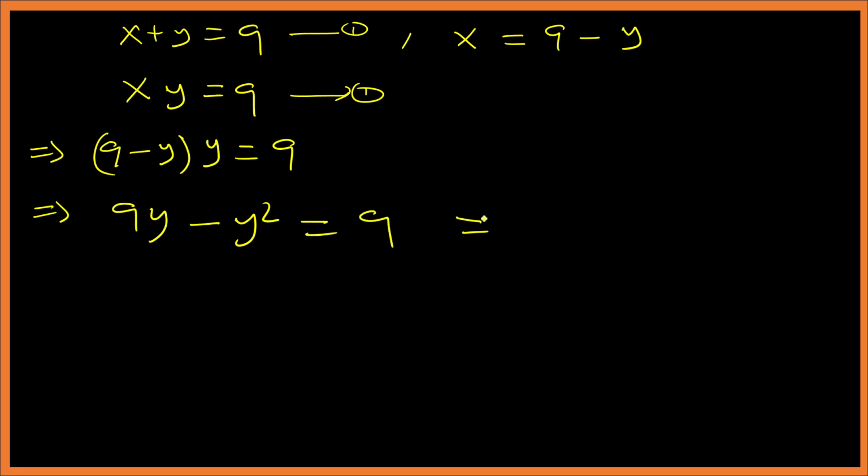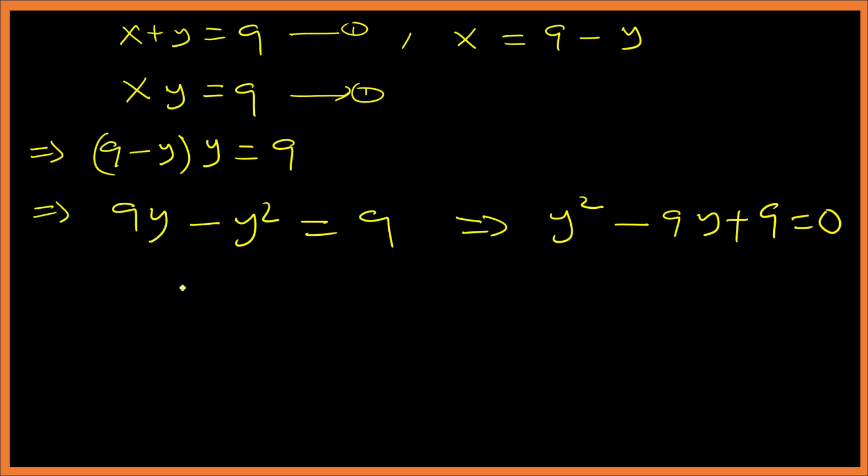So which will be Y squared minus 9Y plus 9 equal to 0. So this one becomes quadratic.